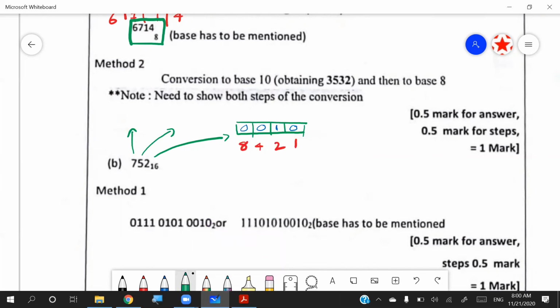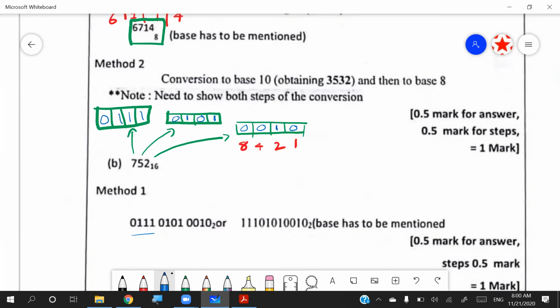If you consider this particular part, to have 5, 4 and 1 are going to be ones, and these will be zeros. And for this one, for 7, these 3 places will be ones, and this is going to be 0.